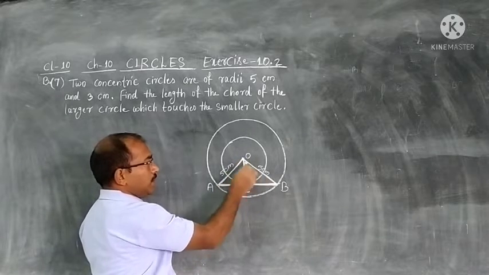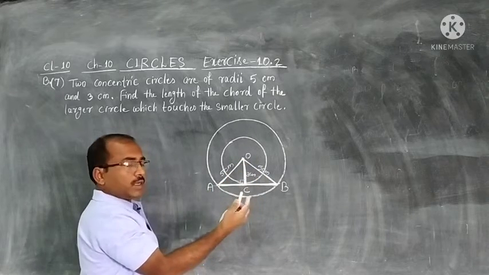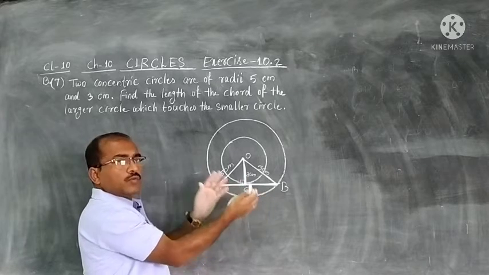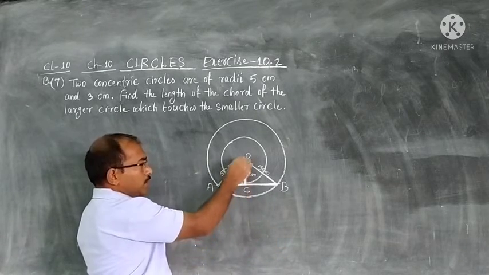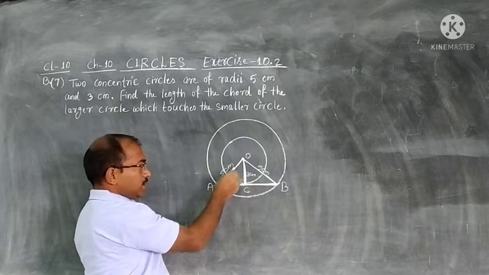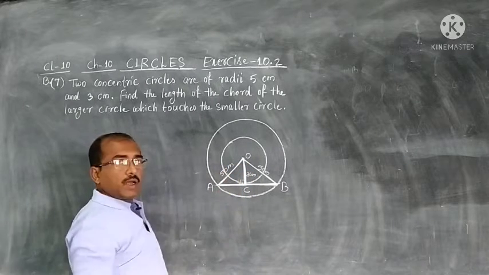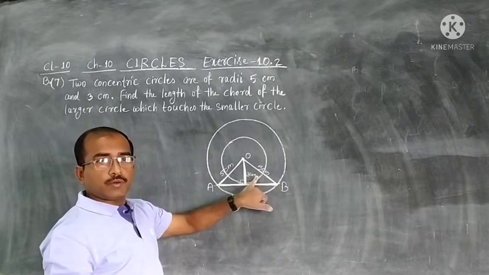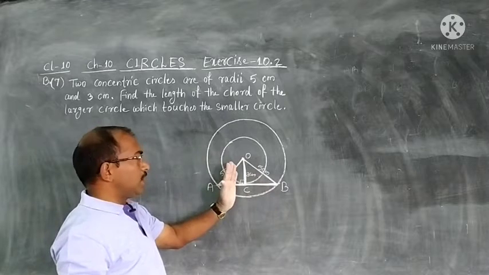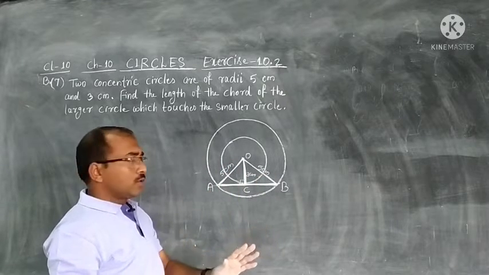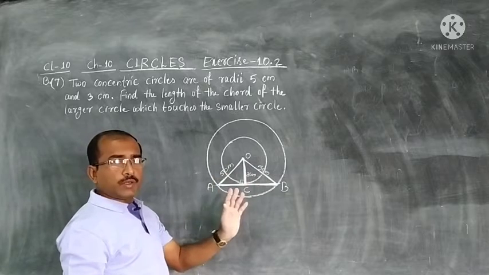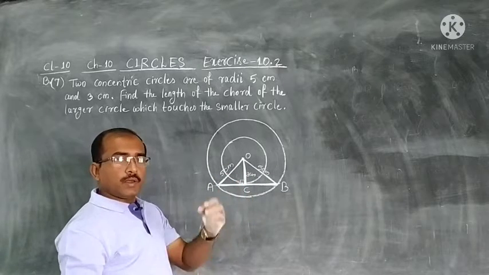In the same way OCB and OCA both will be right triangles. This is the perpendicular, this side the base, this side 90-degree, the opposite side the hypotenuse. The same thing happens in the other part of the figure also, so we will not calculate in both, we will calculate in any one part and do the work.